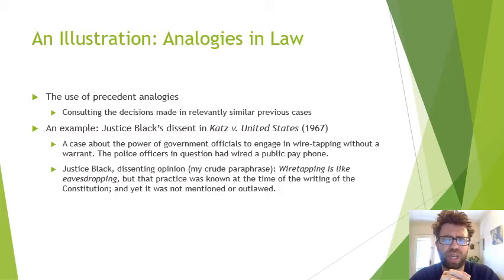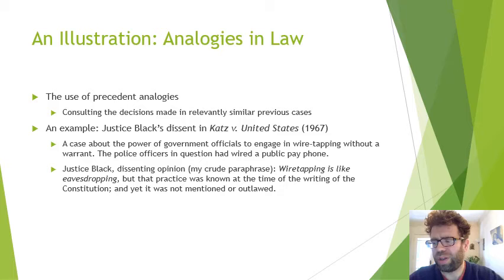All right, this particular example is a case that is used a lot in basic discussions of legal reasoning. You can find it in a lot of legal reasoning textbooks, and I've taught it when I teach philosophy of law. Katz versus United States, 1967. It's a really significant case in privacy litigation. Essentially, the FBI wiretapped a public phone booth without a warrant and obtained some information about, I think, illegal interstate gambling or drug trafficking or something of that sort.